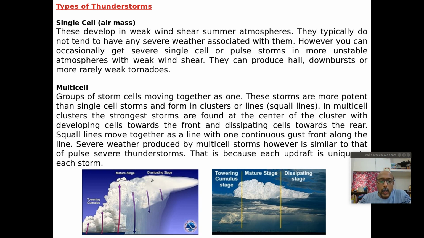Altogether the system will last for more than 6 to 12 hours. After the dissipation of one cell, another cell will come and give good rainfall, followed by another cell. So this multi-cell storm system altogether lasts roughly more than 6 hours.